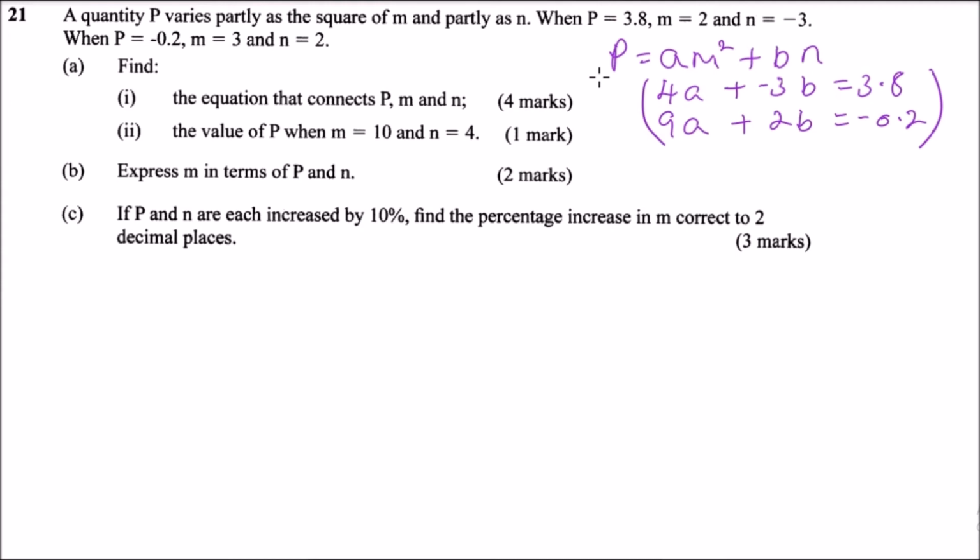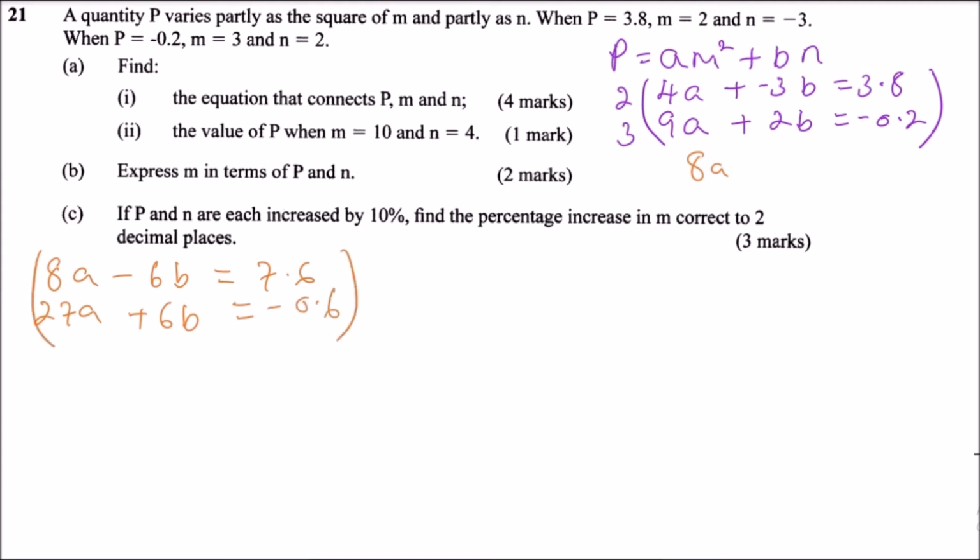So we eliminate b by multiplying here by 2 and we multiply here by 3, so that we have 6b here. So this will give us 8a, let's write here 8a, minus 6b is equals to 7.6, and when you multiply the other one, you get 9 times 3 is 27a plus 6b is equals to minus 0.6.